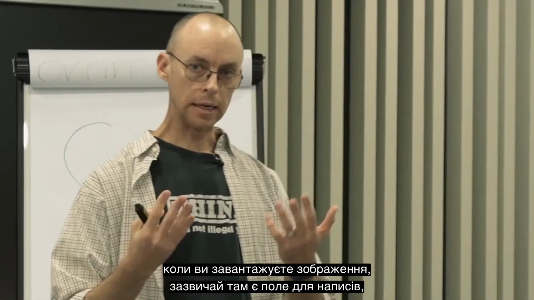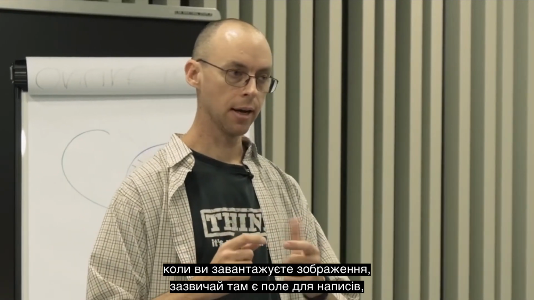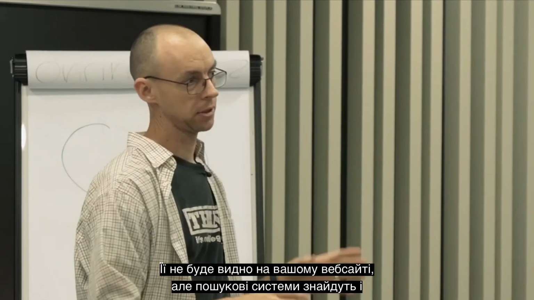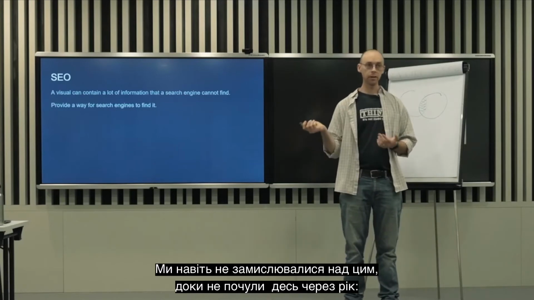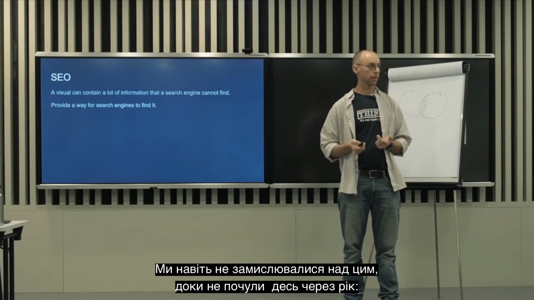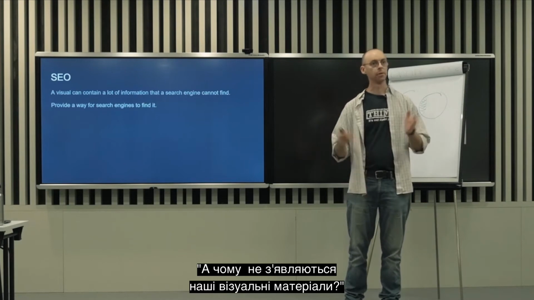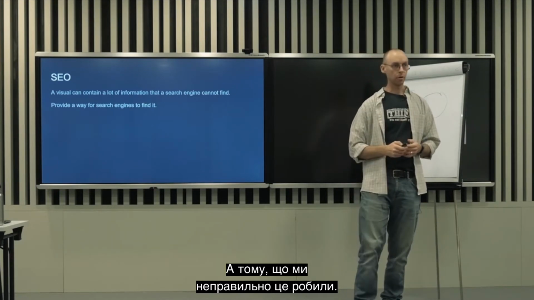Or if you're loading it onto your own website, when you load an image, there's usually a box that has something like description or comment or alternative text. Put stuff there. It won't be visible on your website, but the search engines will find it and use it. So if somebody does an image search, your image will pop up. Okay? It's a minor thing, we didn't even think of that until probably a year later, like, hey, how come our visuals aren't showing up? It's because we weren't doing it properly.